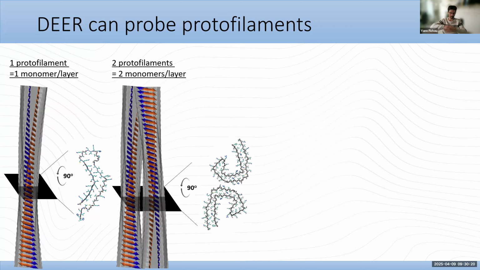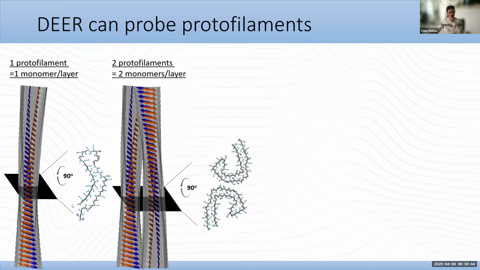Is it just one protein that piles up onto each other, or is it several of them? So for instance, here, 2 of them in each layer, you have 2 monomers. And this was proposed to be quite relevant as far as the pathology is concerned. So this is interesting information, which is not always easy to obtain.